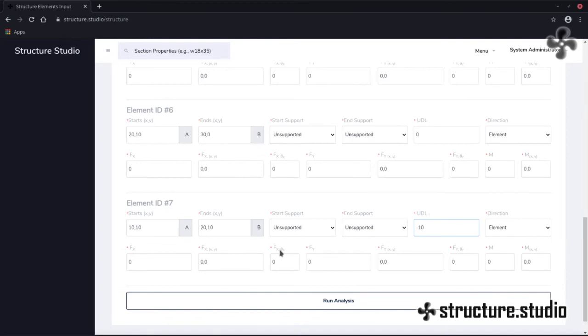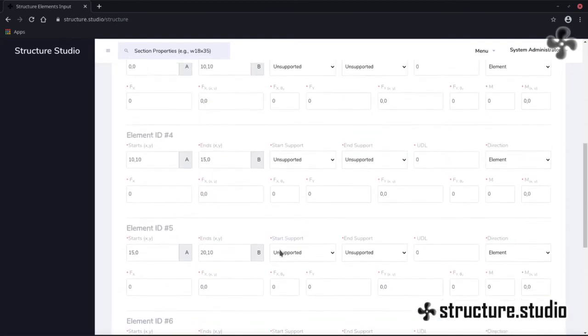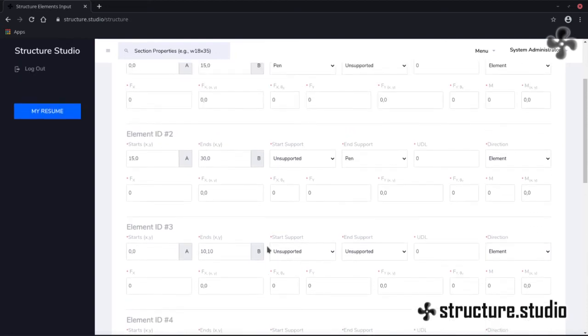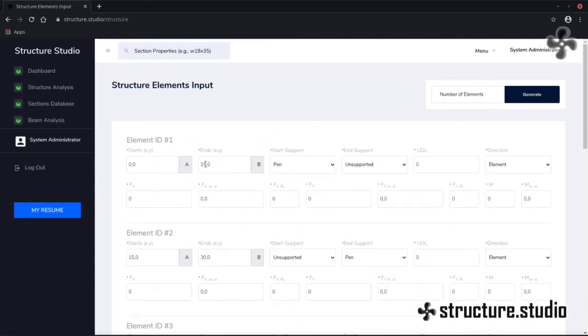So for example, we can define it on the first element, or any element that has this node defined. Okay, so we can put here y maybe -10, and it's acting at a distance of 15 from the origin.